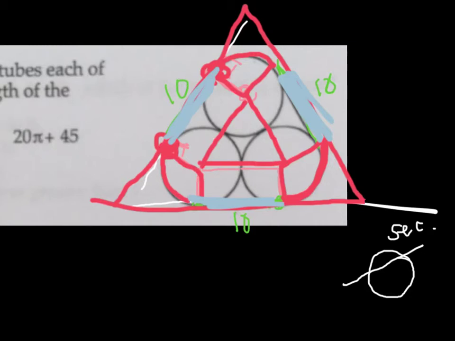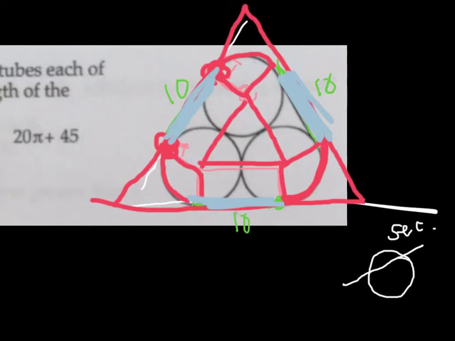So this one can match up with this one, this one goes to this one, and those are these 10s. Specifically, the blue ones are the same as this one. They're the same length and parallel with these lines. How do we know that? Because they form a rectangle. We're using the fact that any of these radii intersect the tangent line at a right angle.